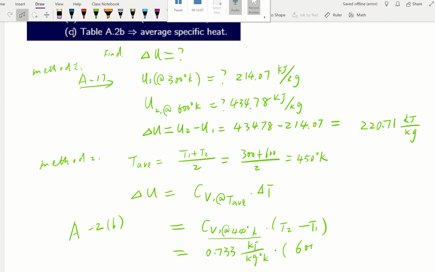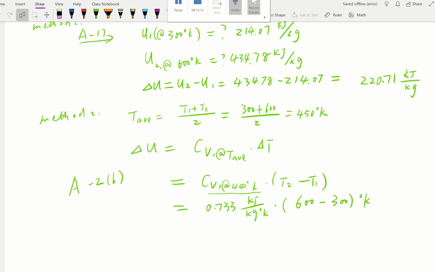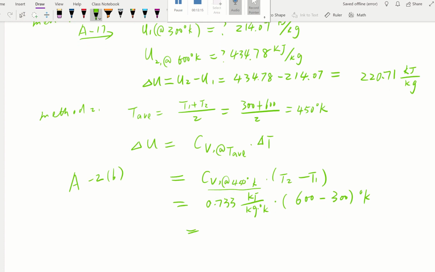Final is 600 Kelvin, and initial is 300 Kelvin. So then we can calculate that. 0.733 times 300 will give us a total of 219.9 kilojoule per kilogram.